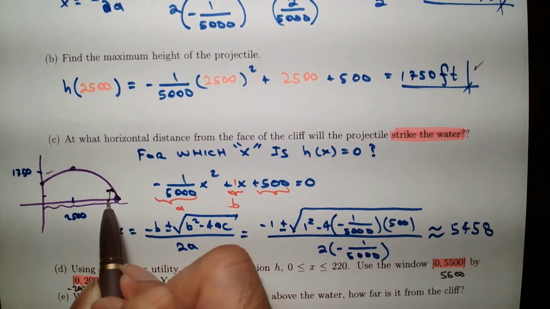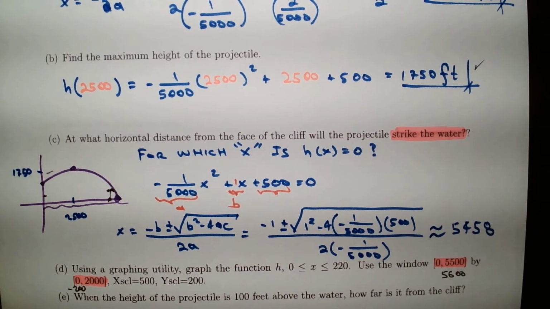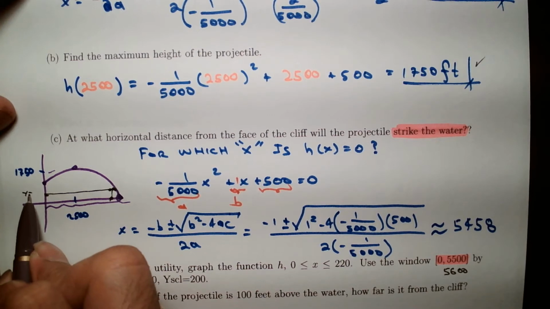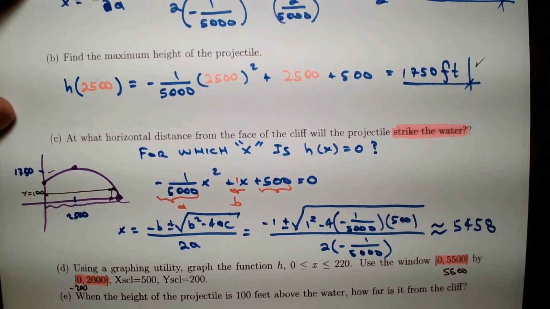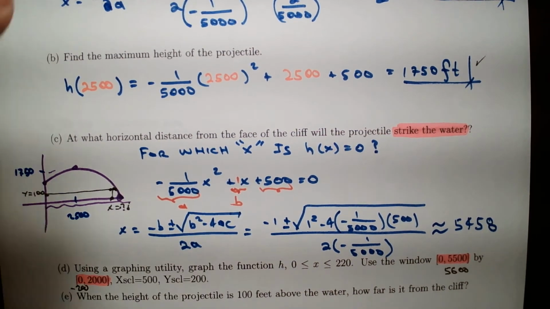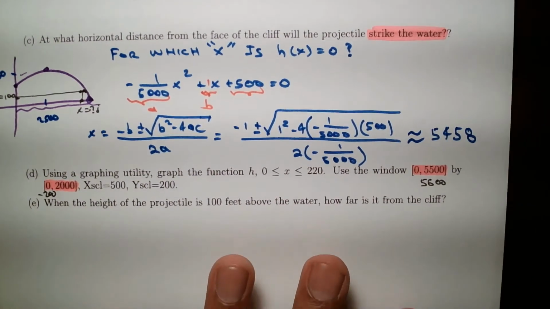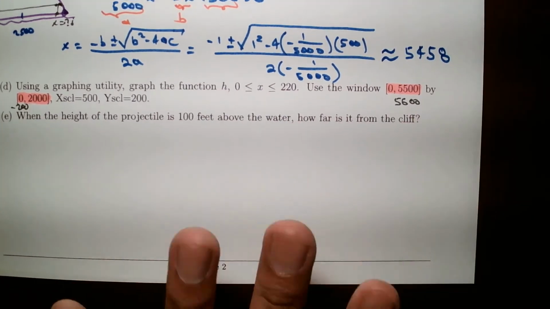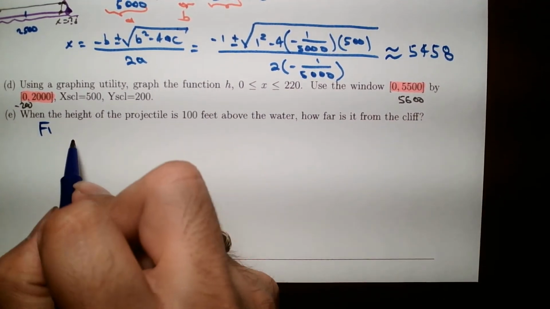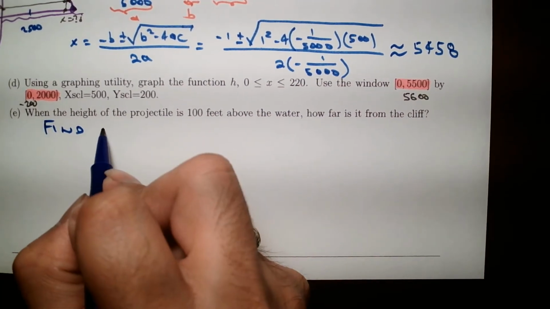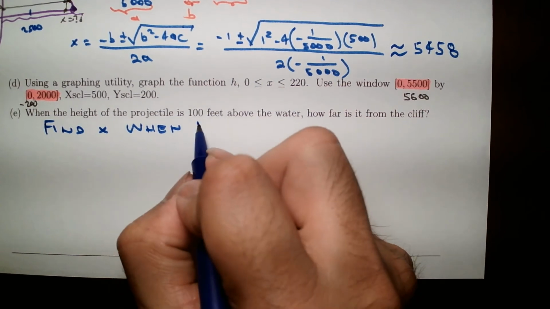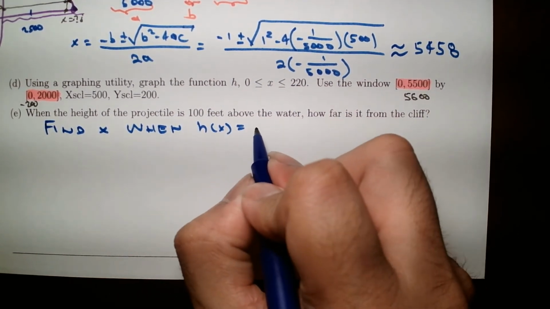They're asking us for the value of x when the height is 100. So we need to answer that question. In other words, find x when h of x equals 100.